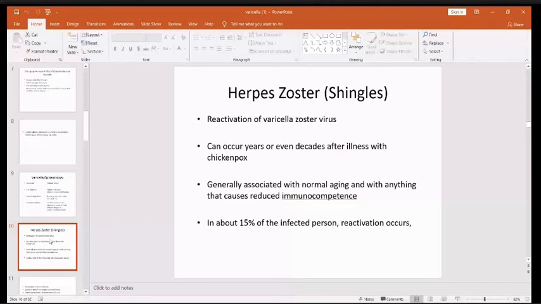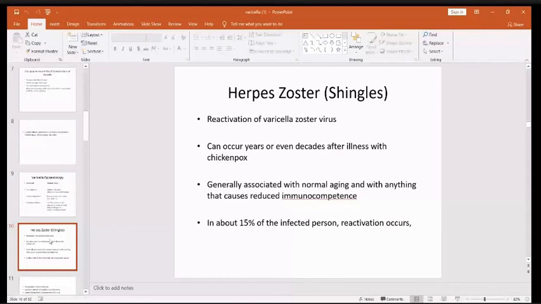So the virus remains latent, and when our immunity is down, it gets reactivated and produces shingles, that is herpes zoster. So it can occur years after the infection, generally during old age. Okay? And it can occur in about 15% of the patients having chickenpox.